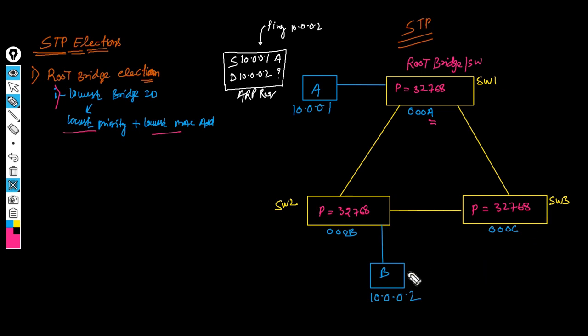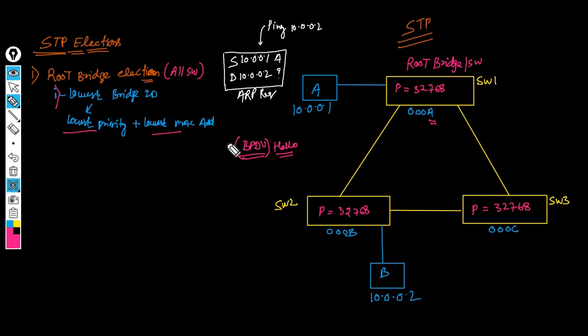Initially, all the devices will say I am the root, I am the root, I am the root. This election takes place in all switches. How will they come to know each other? They exchange something called BPDU, which stands for Bridge Protocol Data Unit. This is similar to a hello packet. They exchange information between the switches and determine the complete topology.